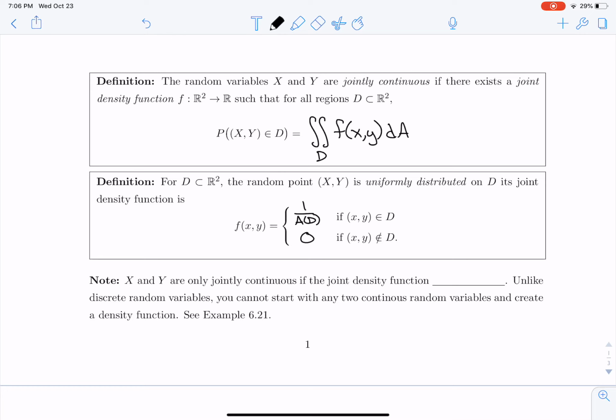We saw that with the previous example where the density function for the dartboard was 1 over the area of the dartboard. Note that x and y are only jointly continuous if the joint density function exists. What do I mean by that? Well, unlike discrete random variables, you cannot start with any two continuous random variables and create a density function. You should read more about this in example 6.21.